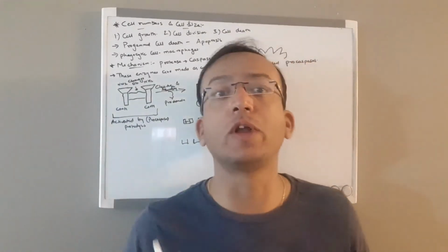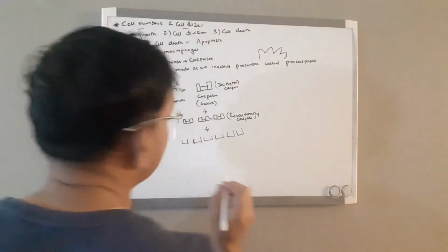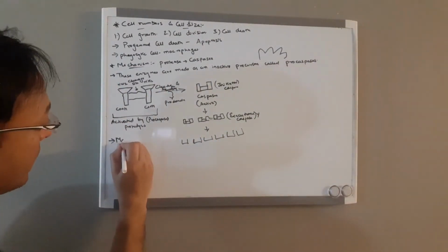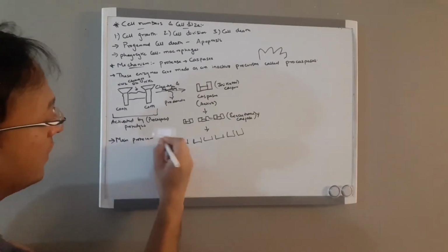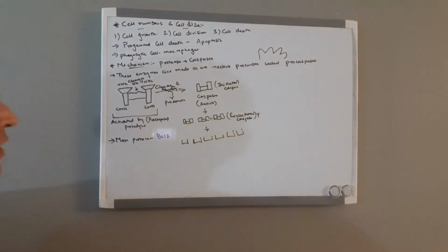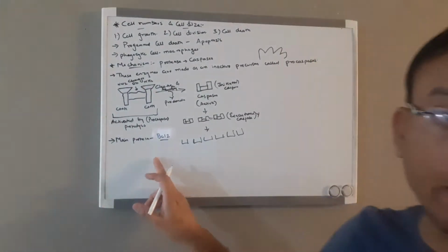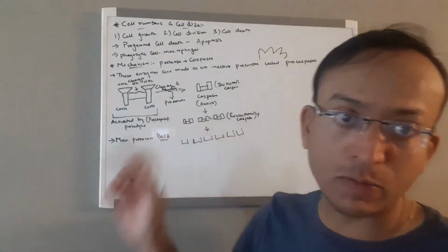So the main protein that regulates the activation of caspases is a member of the BCL2 protein family. This is the main protein family that regulates the activity of the caspases.